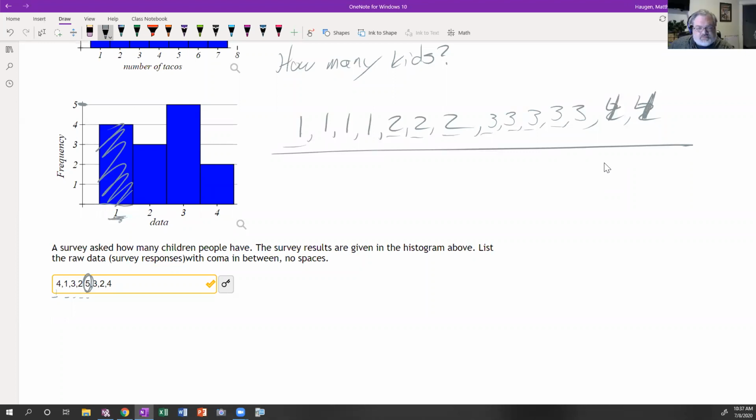Fair? Yeah, that is not how I did that. Well, and that's one of the things that we were talking about yesterday. If we put this in a frequency table, we'd have had 1 4 times, 2 3 times, 3 5 times, and 4 twice.